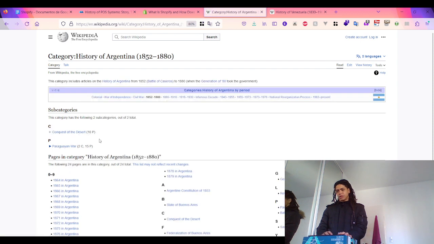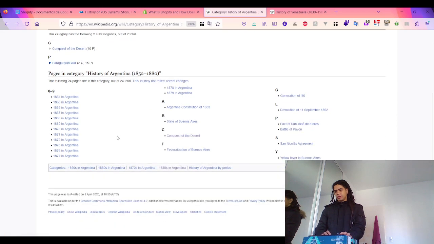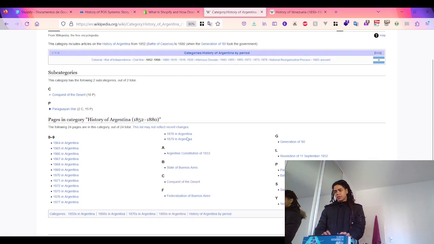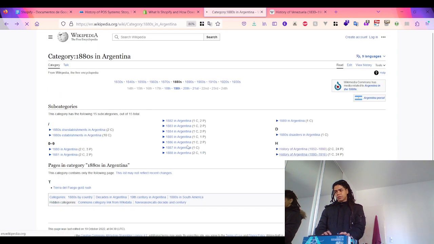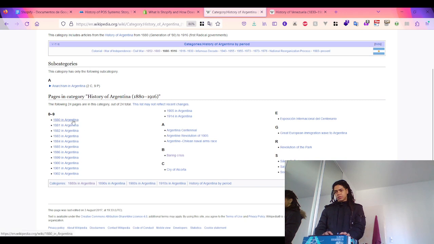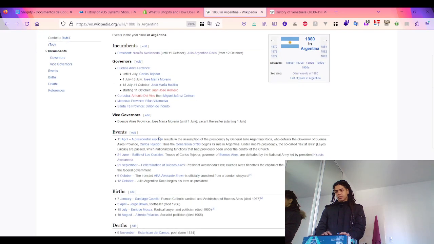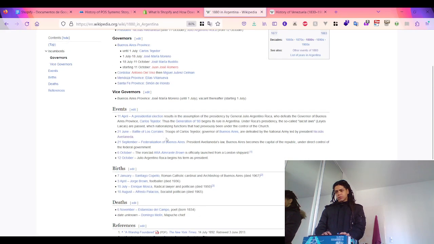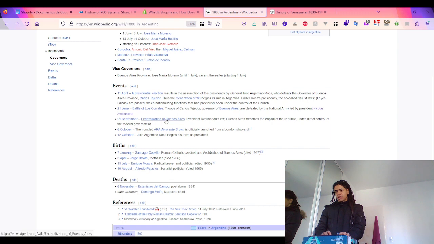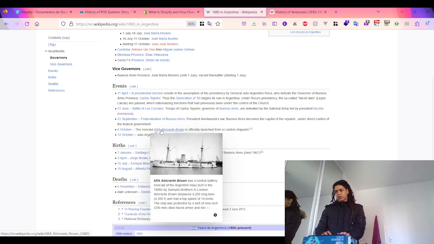Okay, history of Argentina here: conquest of the desert, Paraguayan War, federalization of Buenos Aires. Ironclad Almirante Brown is officially launched from a London shipyard.